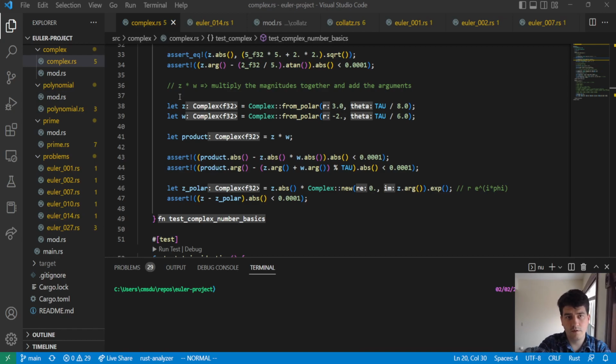Okay, and in here we'll have pub struct EisensteinInteger, a u32, b u32, impl EisensteinInteger.